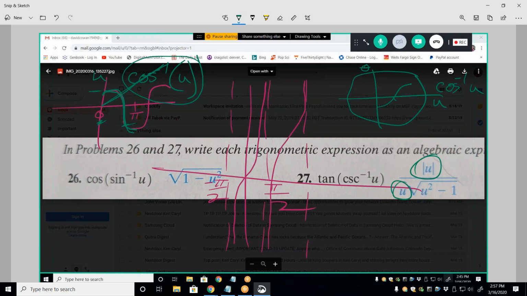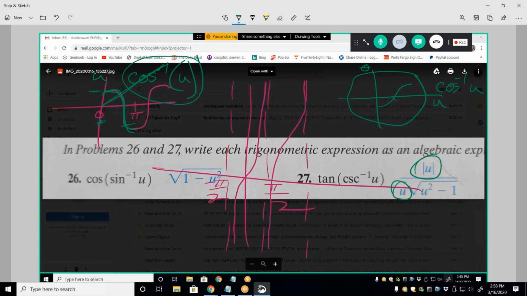So if you were talking about this domain... Are you there? Yeah, I'm just trying to figure out the answer to that question. This domain of the cosine function, in other words, what's the domain of u? -1, I guess -1 to 1.